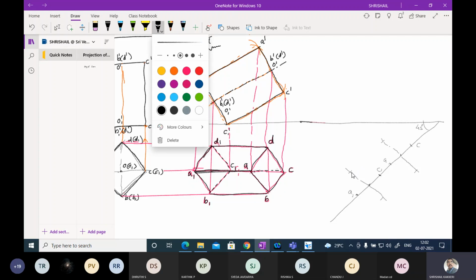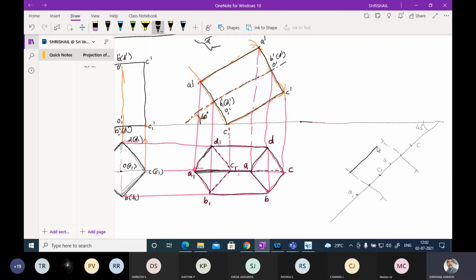Look here carefully. But unfortunately, this is in the front only, that is not visible to you. And mark this point. Already this point is O1 and this point is O.